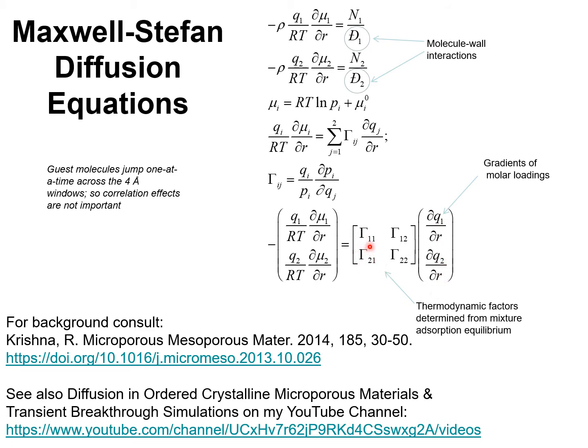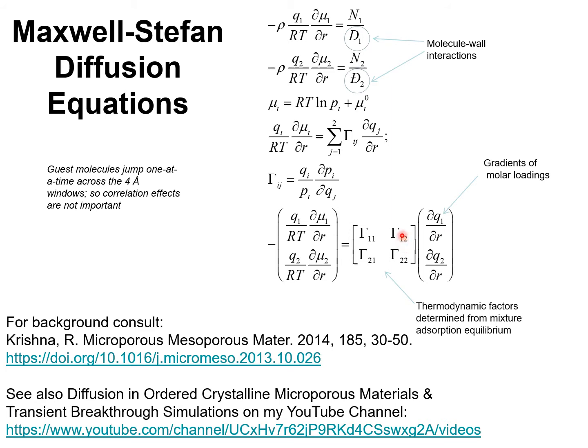If we ignore the cross coefficients gamma 1,2 and gamma 2,1, the chemical potential gradient of species 1 is proportional to the gradient of the molar loading of component 1.